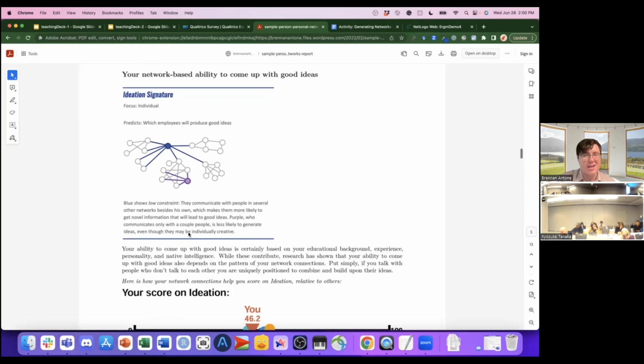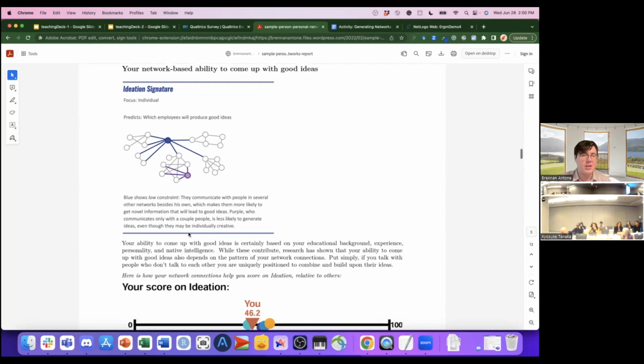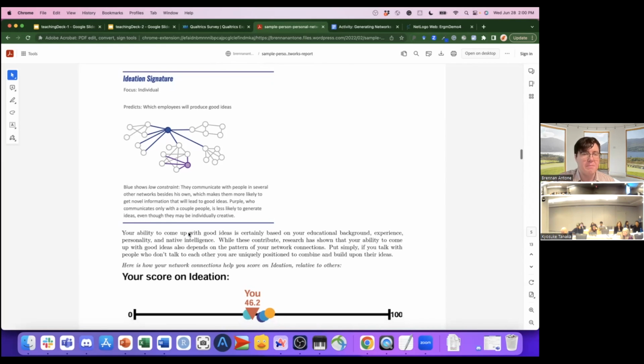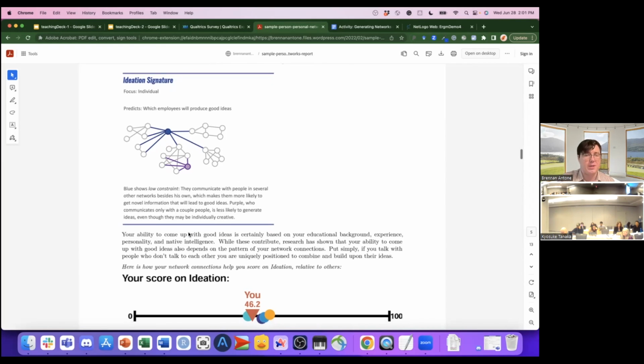It's not saying that necessarily you're good at these things, but you're structurally positioned in your network in a way that gives you some advantages or weaknesses. What are the capabilities that are enabled or constrained by your network? For instance, in this case, it's looking at ideation. These signatures are taken from an article on Better People Analytics that I'll discuss in a little more detail later.